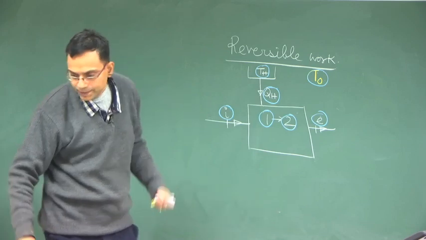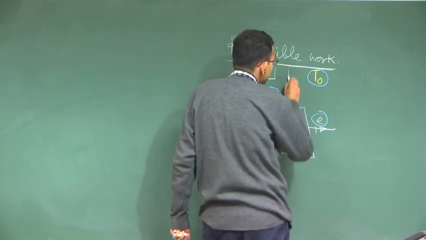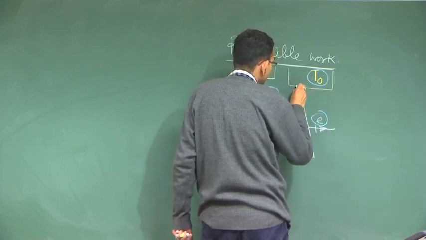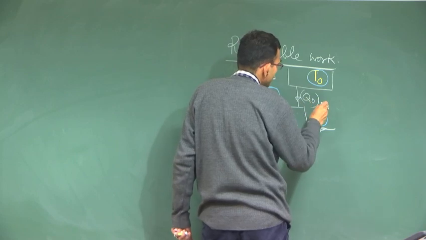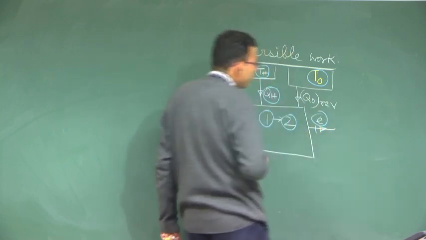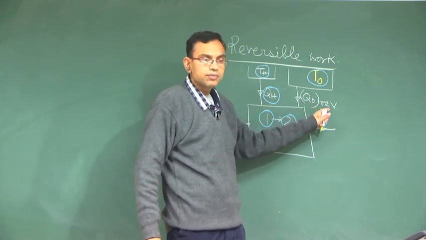Let us say that with this T0 you have a Q0. If it is a reversible process, let us call this Q0 reversible.